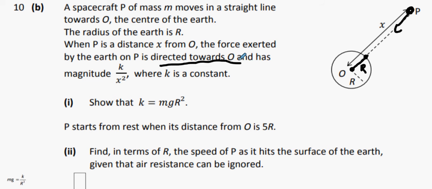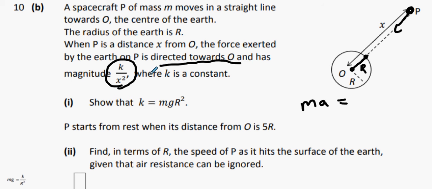Show that k equals mgr squared, right? So let's start off with, it's a force, isn't it? So what's force? Force equals ma. And in this case, since it's going to the Earth, it's g, because it's gravity.